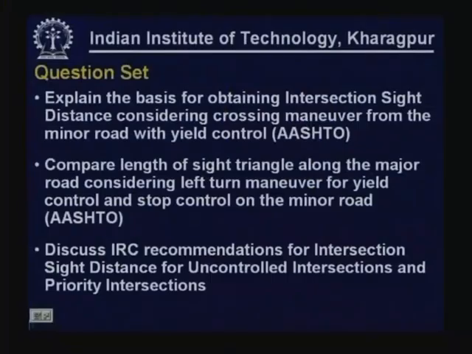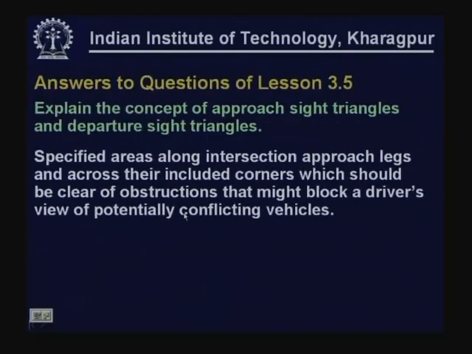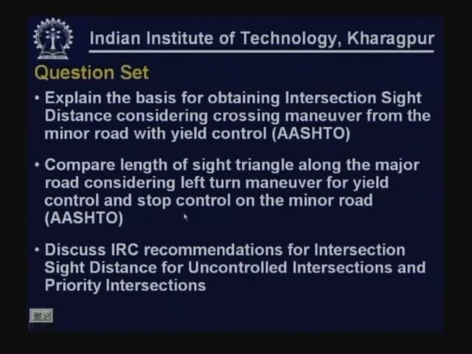Number 2, compare length of side triangle along the major road considering left turn maneuver for both yield controlled intersection and stop control on minor road. Compare the length as obtained for yield controlled intersection and as obtained from stop control on minor road. Third, discuss IRC recommendations for intersection side distance for uncontrolled intersections and priority intersections. So, try to answer these questions.